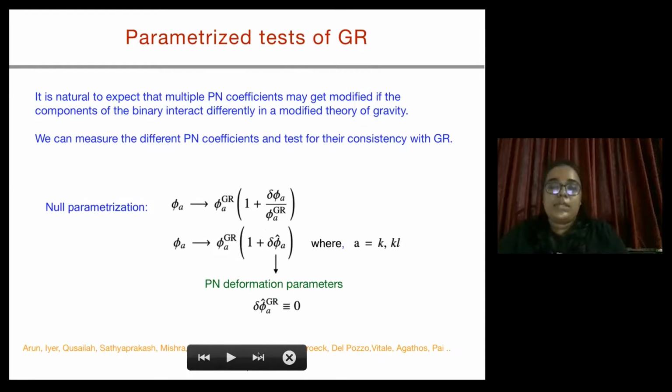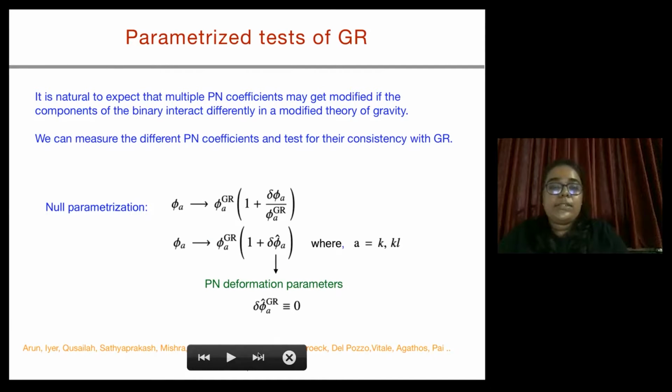In the most theory-agnostic manner, you would expect these multiple PN coefficients to get altered if the interactions between the components are different in some alternate theory of gravity. So our goal would be to measure the different PN coefficients and test how consistent they are with GR.